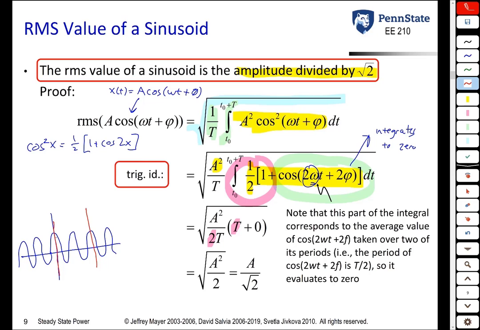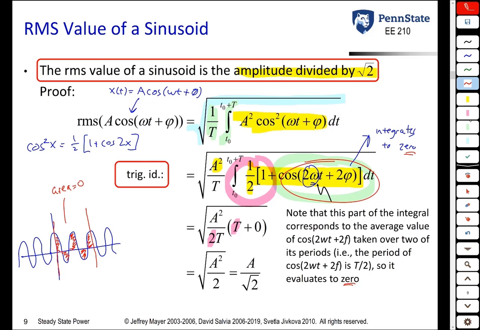When we integrate this over 2 periods, you see that the area is equal to 0. So this whole part integrates to 0.